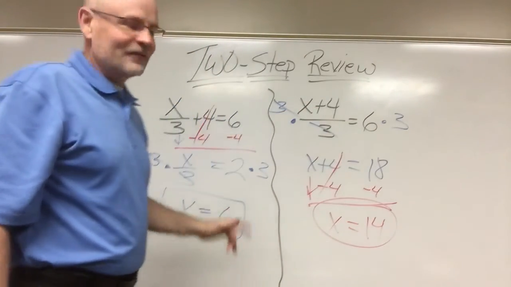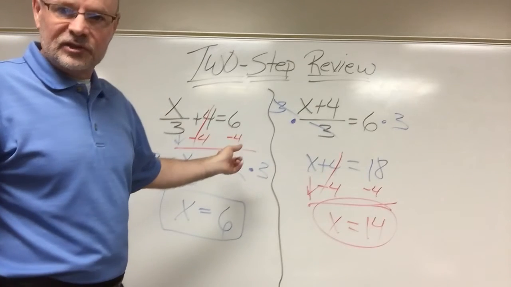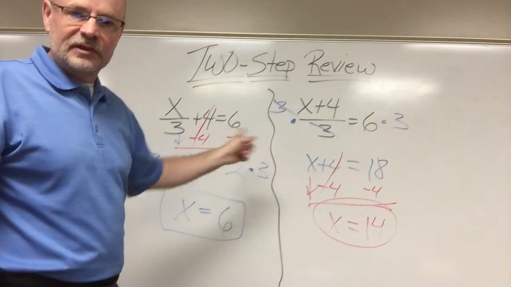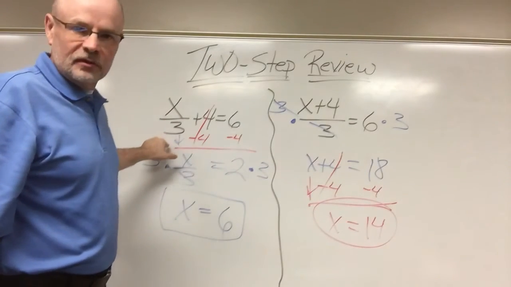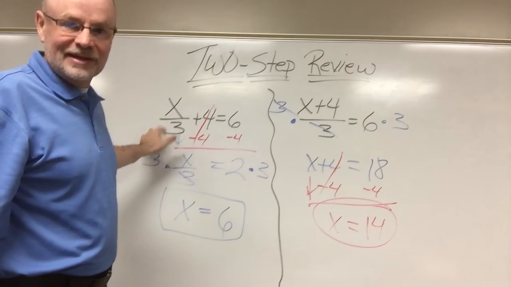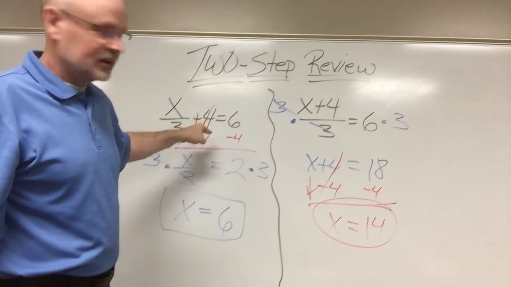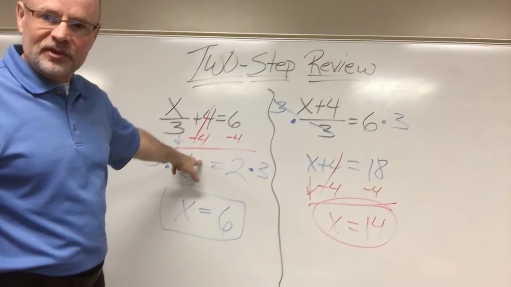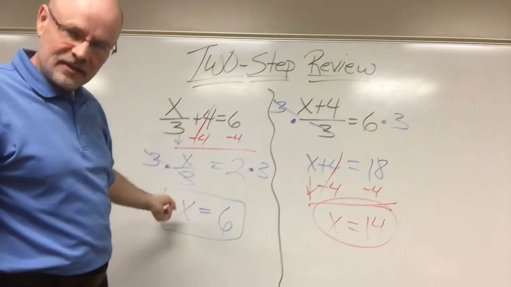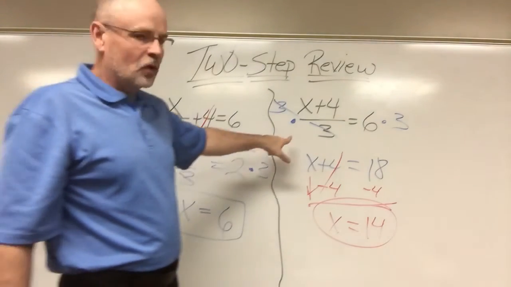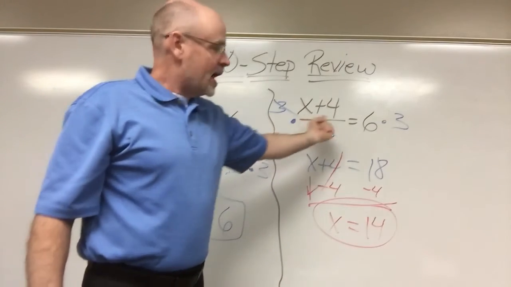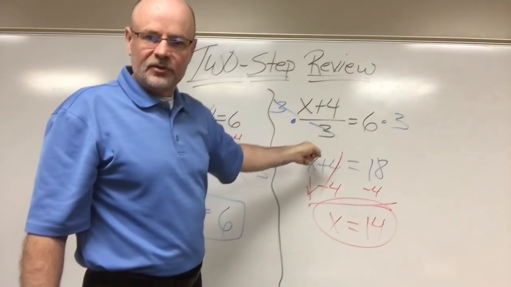So notice, I have two different ways where division is being represented in these two different expressions. Over here, the variable is being divided by 3, and then we're adding something to it. So I started off by dealing with addition and subtraction first, and then multiplying. Over on this example, everything was being divided by 3 on this side.